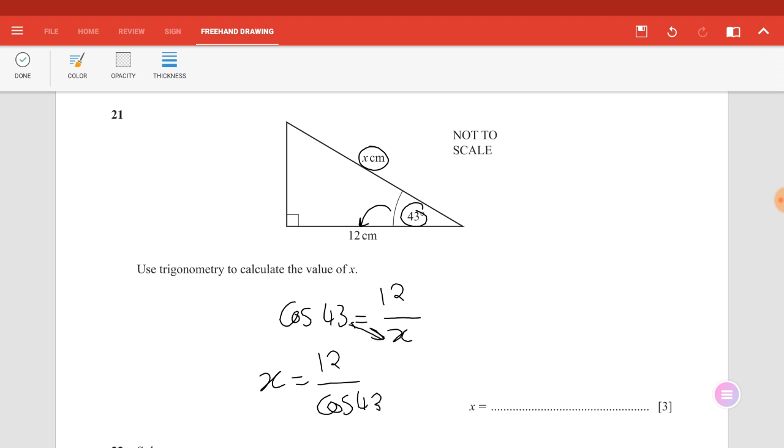You can use a calculator. 12 over cosine 43 gives 16.4079, or 16.4.